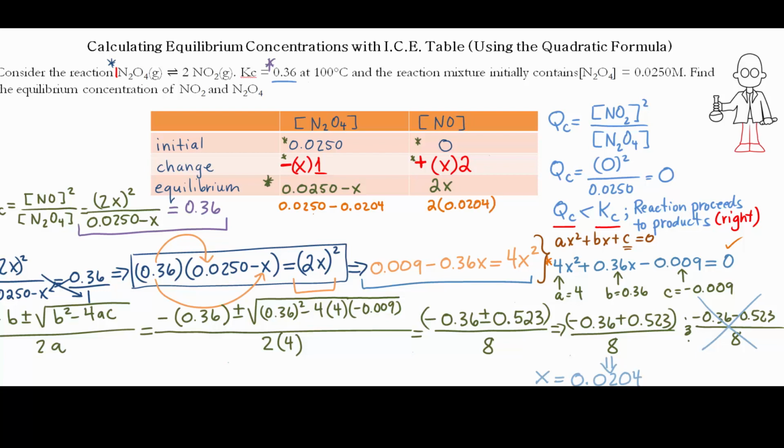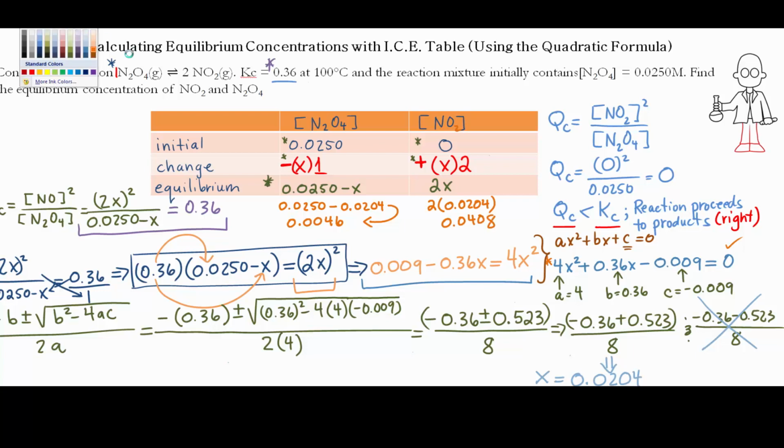And then we will have 2 times this x value of 0.0204. So for N2O4, x is 0.0046, and for NO2, it should be 2 times x, which is 0.0408.